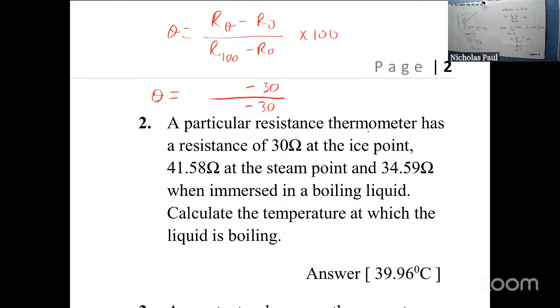Steam point is 41.58, and 34.59 at boiling. When you multiply that by 100, you get 39.64.